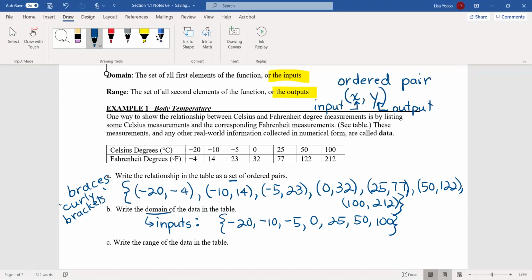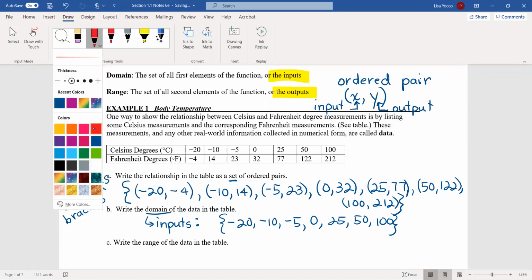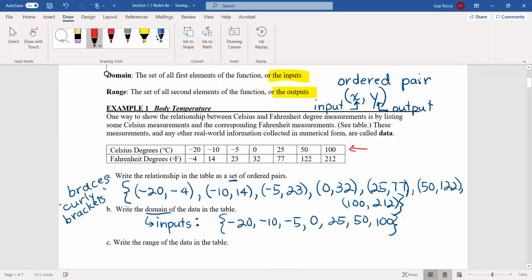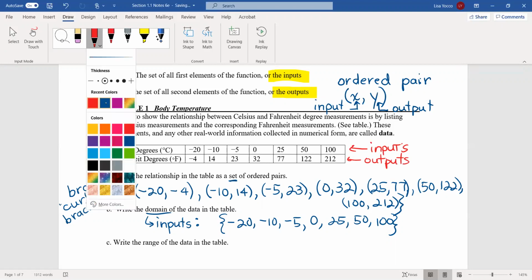The inputs are up here, and the outputs are there.